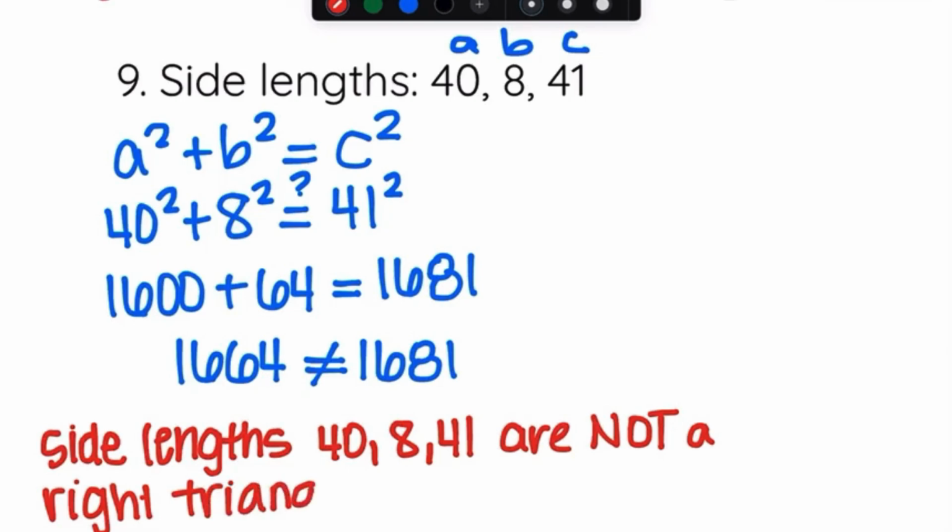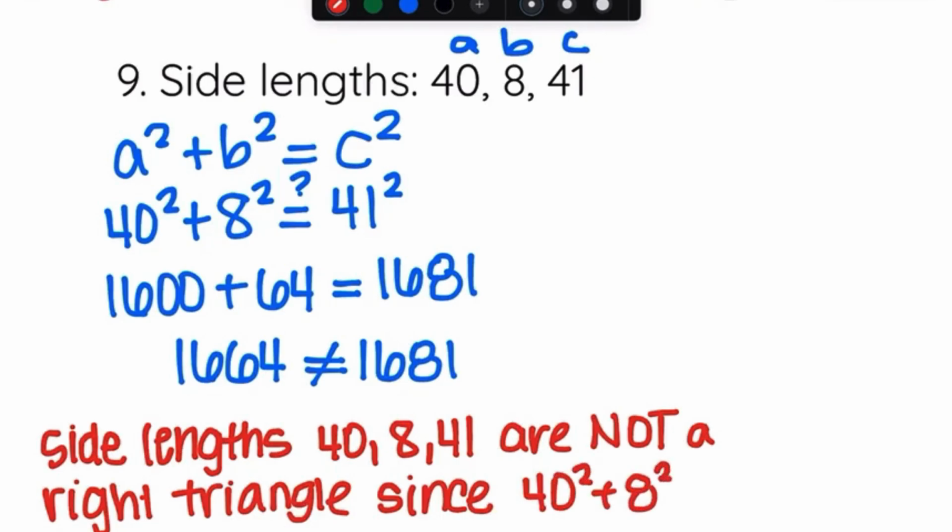And again, I'm going to use my statement, since, or you could even say because 40 squared plus 8 squared is not equal, this did not work, to 41 squared. Okay.